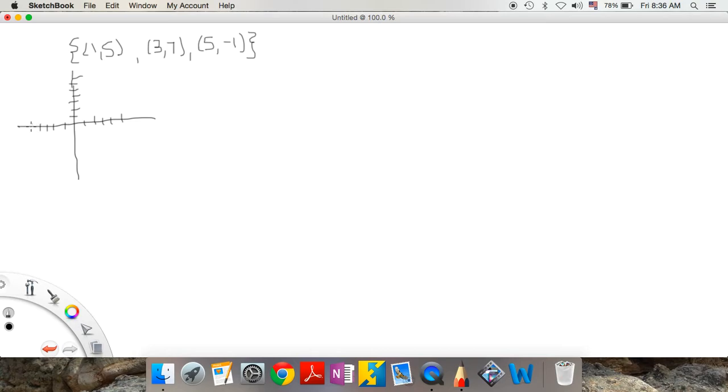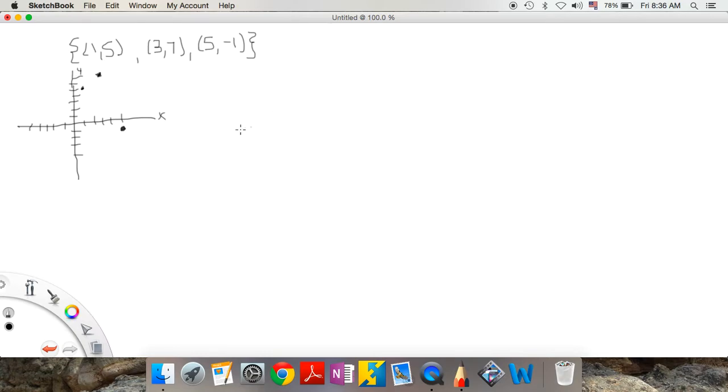Let's see if we can do that. Remember, the first one is the x coordinate. We go over 1 and up 5 for that point, and over 3 and up 7 for that point, and over 5 and down 1. So this picture gives us the relation.